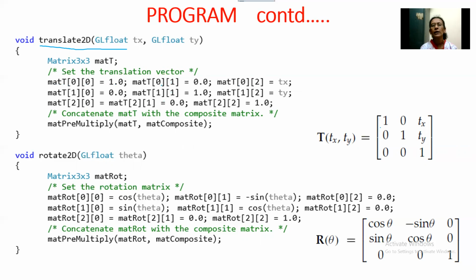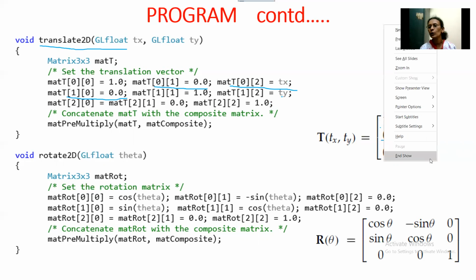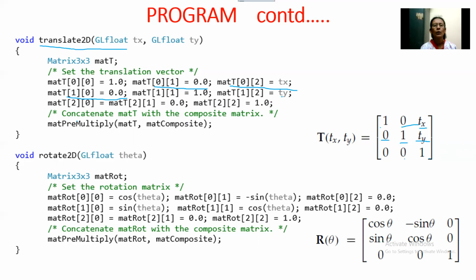Mat 0 1 is 0.0, corresponding to this, and mat 0 2 is tx, corresponding to this value. Next, mat 1 0 is 0.0, then mat 1 1 is 1.0, and mat 1 2 is ty. And the third row, 0 0 1, is what is assigned here.